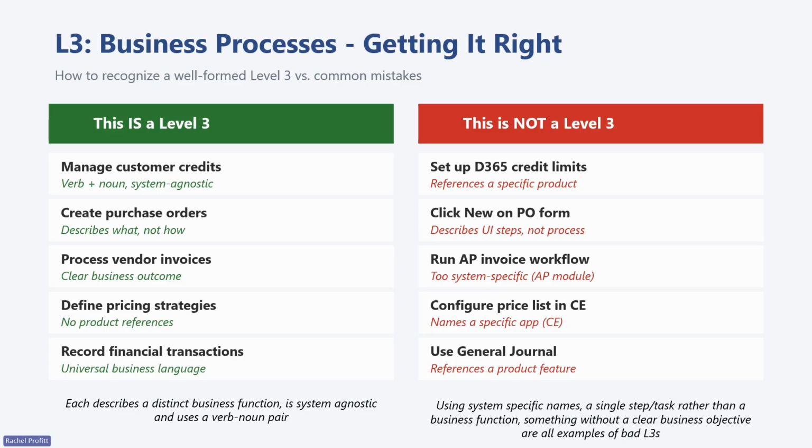Once you reference a product, a UI step, or a specific feature, you've usually gone too low in the hierarchy. So the core test for level 3 is simple. If it describes a real business function in business language, it likely belongs here. If it describes a product behavior, a click path, or a feature in the system, it likely belongs lower in the hierarchy.